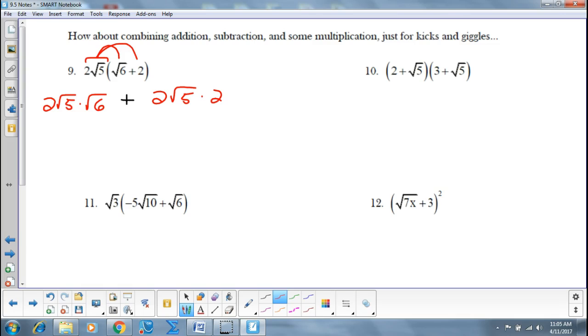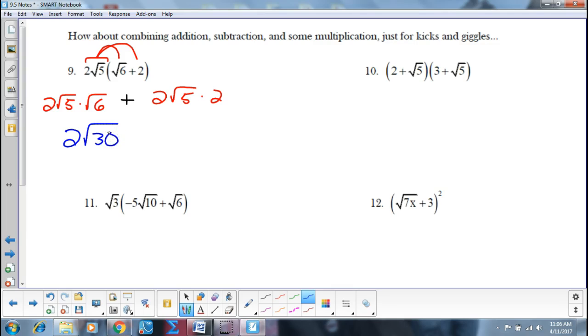Yes, 2 times the square root of 30. And 2 times the square root of 5 times 2 is 4 times the square root of 5, because the 2's are both outside.